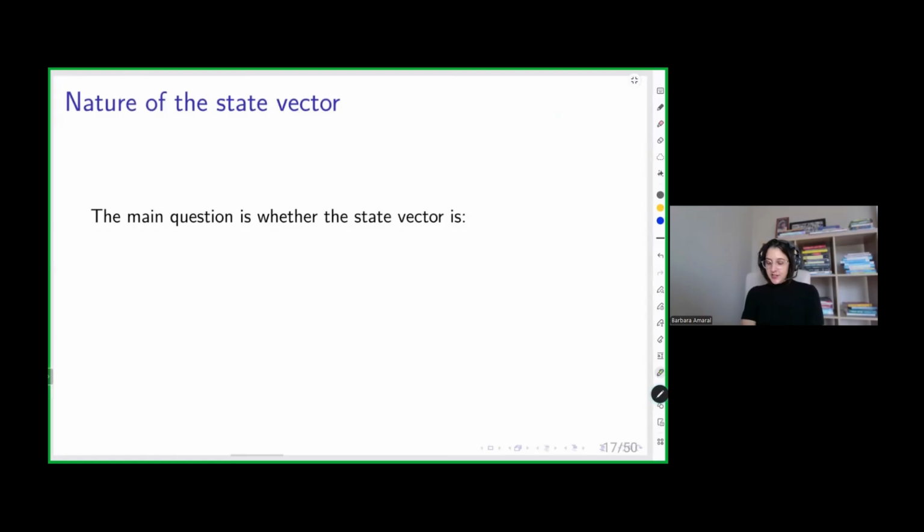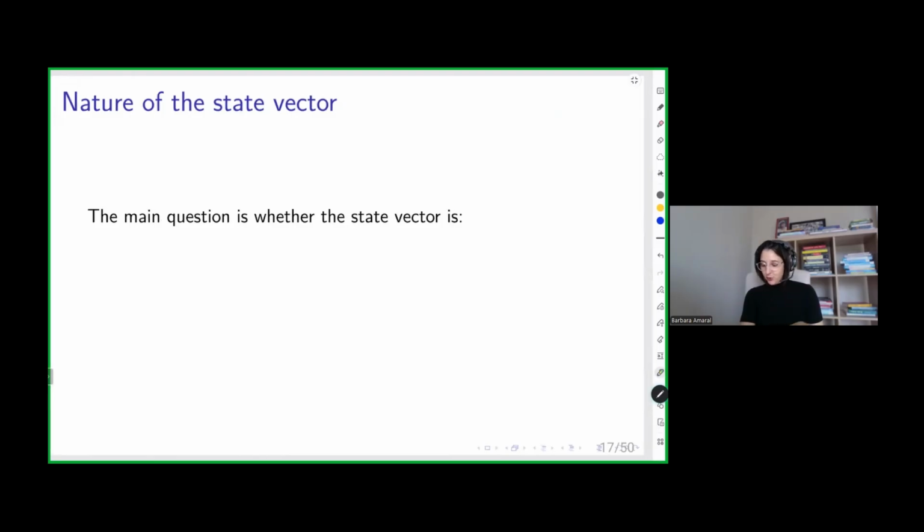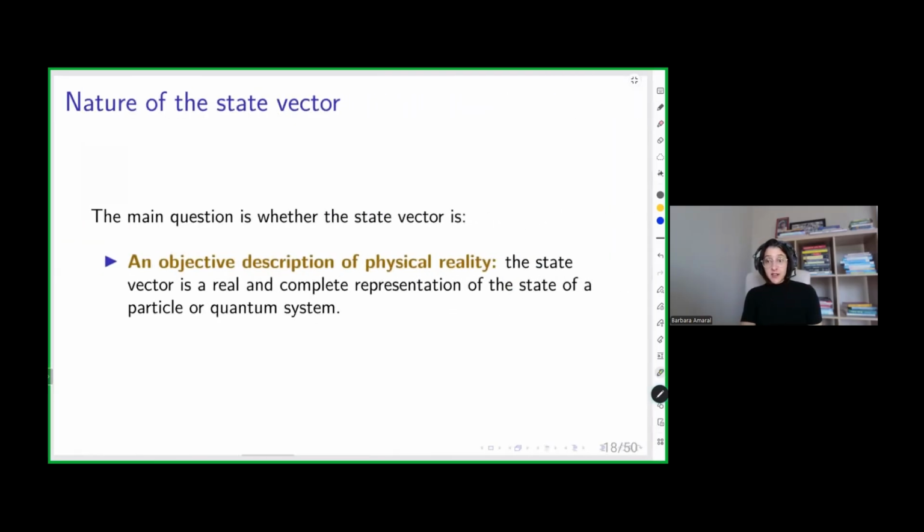So the main question is whether the state vector is one of many options. The main two: an objective description of physical reality, like the state vector is something real and a complete representation of the state of the particle or quantum system. So it's something that exists in nature, whatever this means.